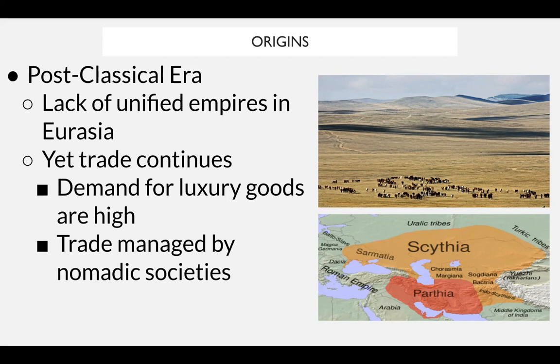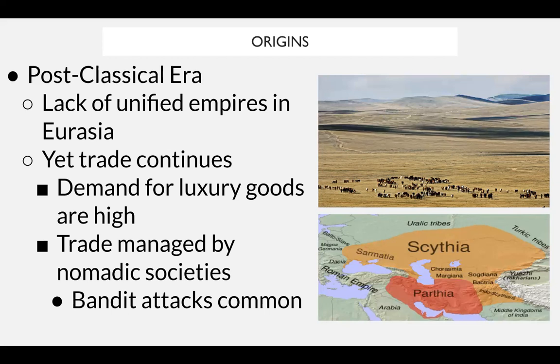So a big change in the post-classical period is who is going to help direct all of this trade. We're going to see increased participation of the Khans, of the Central Asian nomads. And yet, as we're going to see later on, these Central Asian nomads oftentimes will end up being bandits for trade across Eurasia.